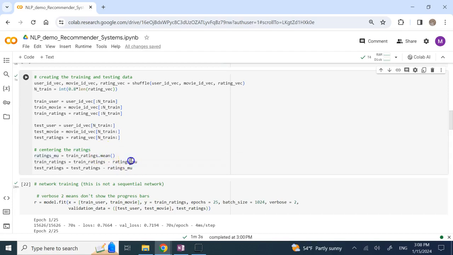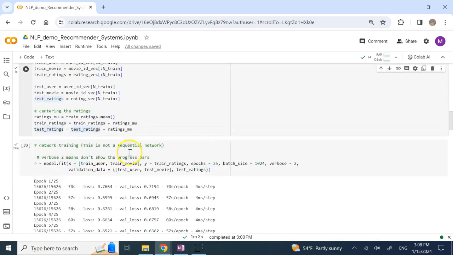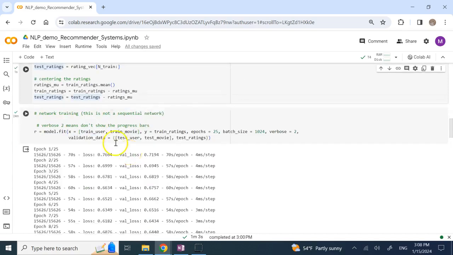So all I did here was to subtract the mean rating of the training data from them, and I did not divide by standard deviation. If you want, you can do that. So instead of numbers between 0 to 5, now I have a bunch of negative and positive numbers, which are between around negative 2 or 3 to positive 2 or 3.